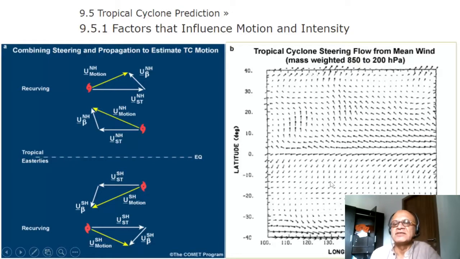You can add these winds. So here it is, tropical cyclone steering flow from mean wind. You typically look at mass weighted winds from 850 to 200 hectopascal.